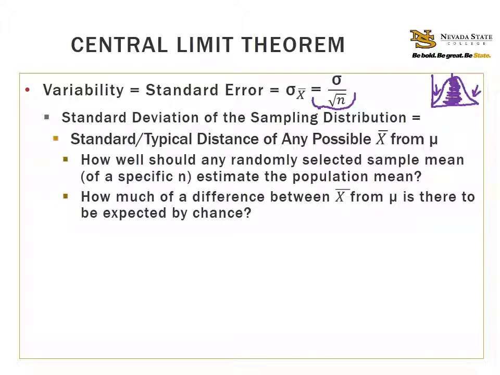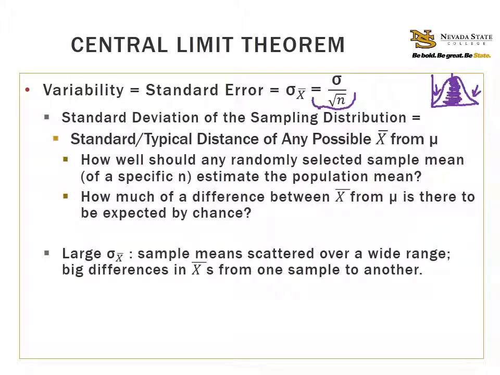Also, how much of a difference between the sample mean and the population mean you would expect to see just due to chance? And if you think about this, a large standard error means that the sample means are scattered over a wide range. So there are big differences between different sample means. If we drew it out, this would be a situation with a larger standard error. It's a fatter curve.